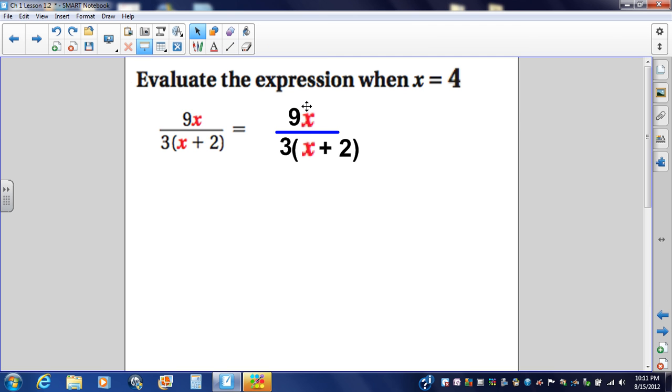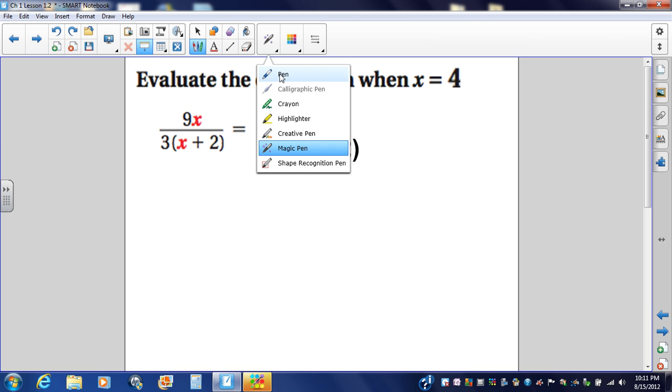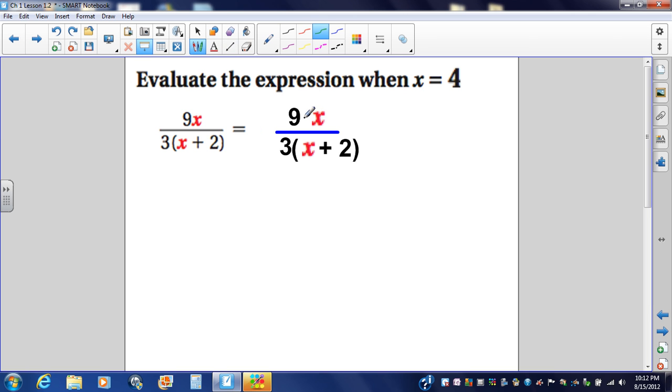When the number is touching the variable or letter, that means multiplication. So let's rewrite the problem so that we have a dot for multiplication right there.